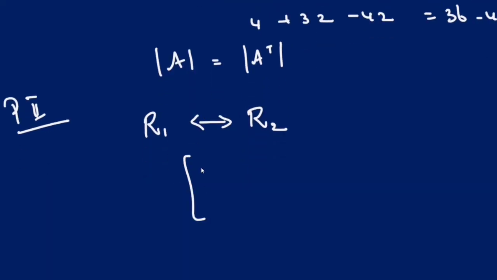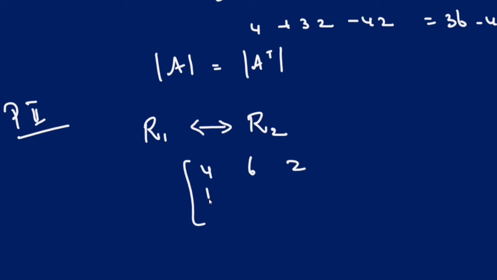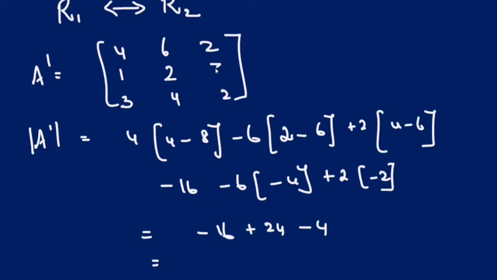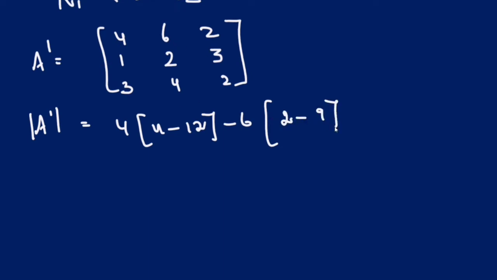So what happens here? The first row will become 4, 6, 2. The second row will become 1, 2, 3. So 4 into 4 minus 12, minus 6 into, I am expanding using the first row, 2 minus 9, plus 2 into, cut this row, cut this column, 4 minus 6.